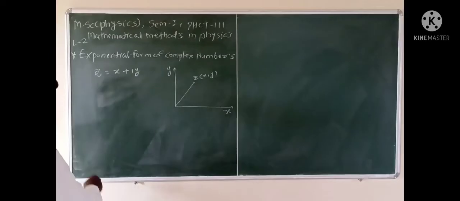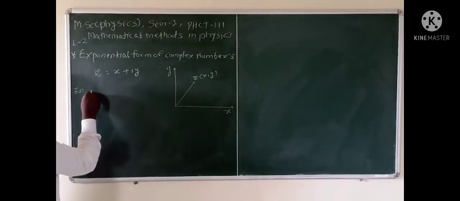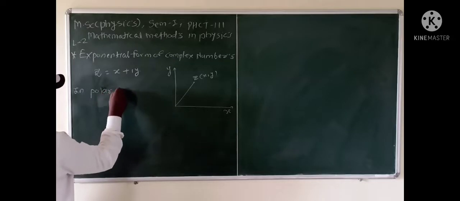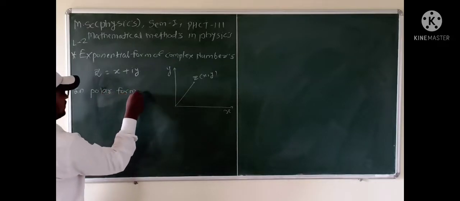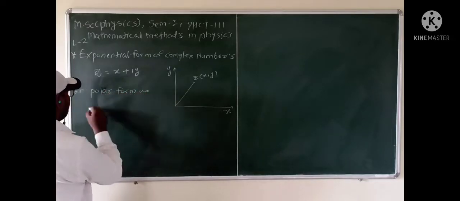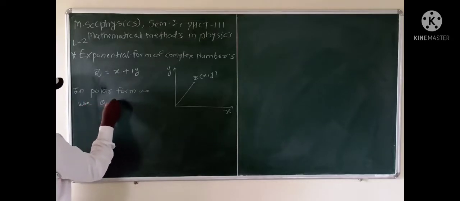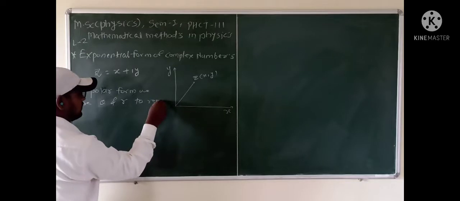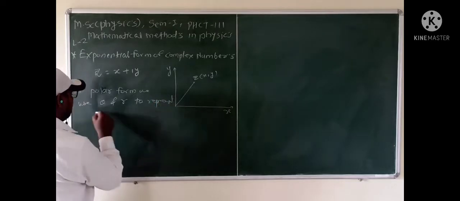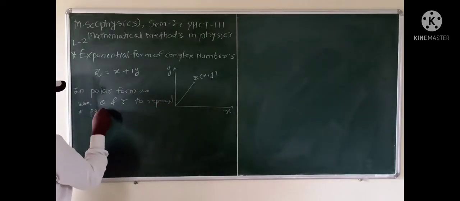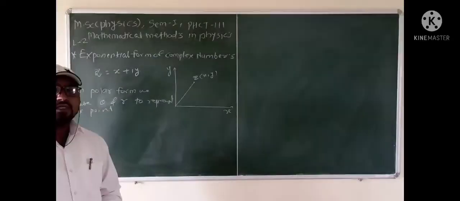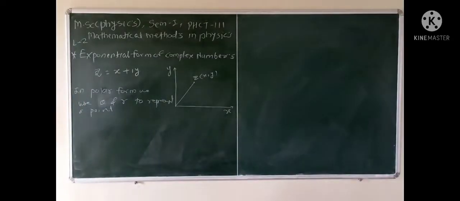Exponential form or polar form. In polar form, we use theta and r to represent a point. So we have to write the complex number z in terms of theta and r.